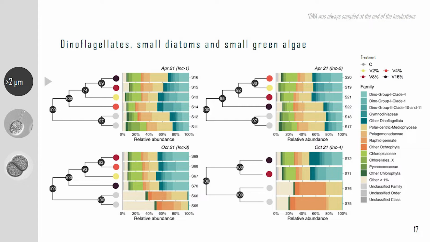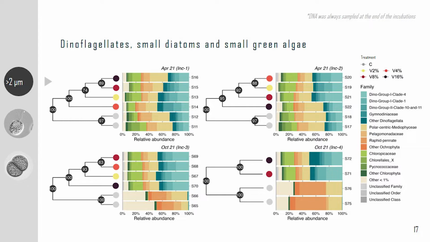We have the theory that these dinoflagellates are a result of our bottle effects, of our incubations, like they are living off other organisms. So we have to check the other organisms to really see the link between these hydrothermal fluid additions and the microbial response.